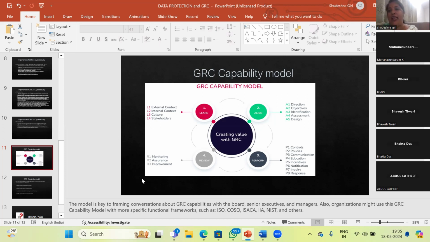The second pillar is your align pillar. You have to align your objectives and come up with various processes in order to make sure that these are being abided by. So the objectives are clear. Now you design a process and make sure that this process is aligned to your objective.